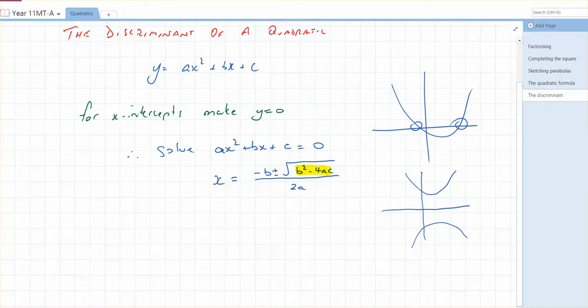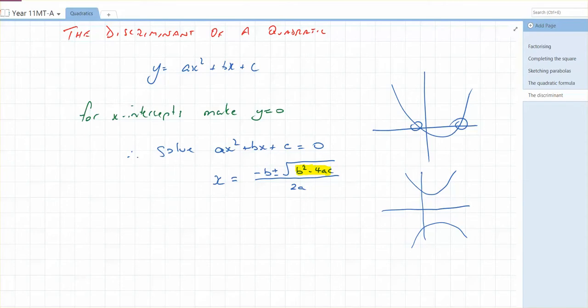So that would be if the discriminant was less than 0, this value here. If it's greater than 0, then yes, we're going to have x-intercepts. But we're going to have a look at the three scenarios, the three cases of values of the discriminant.